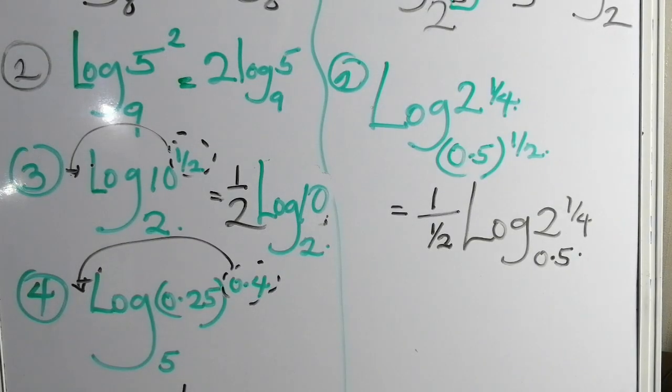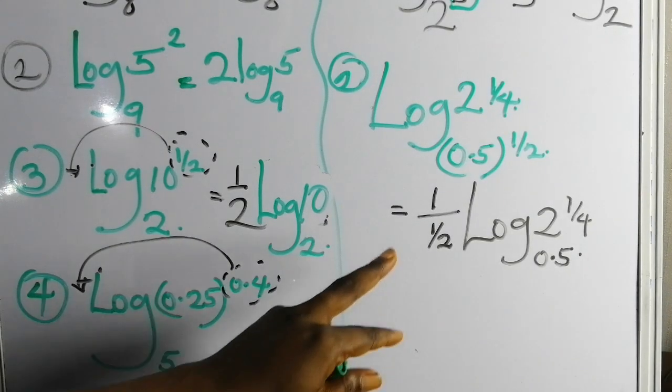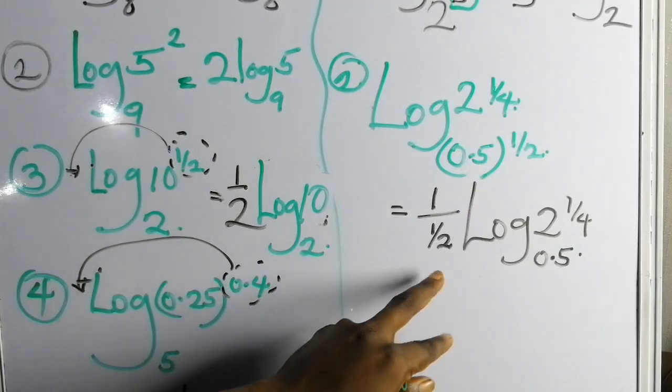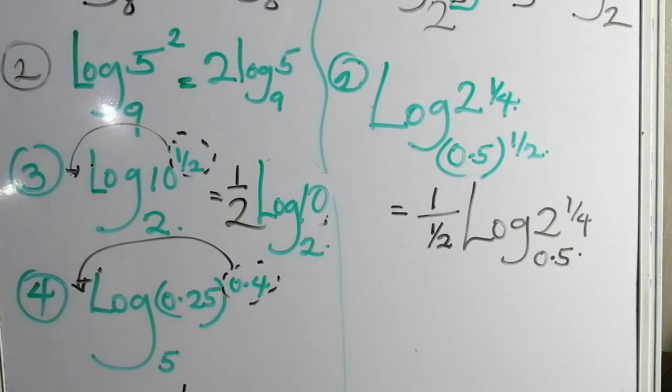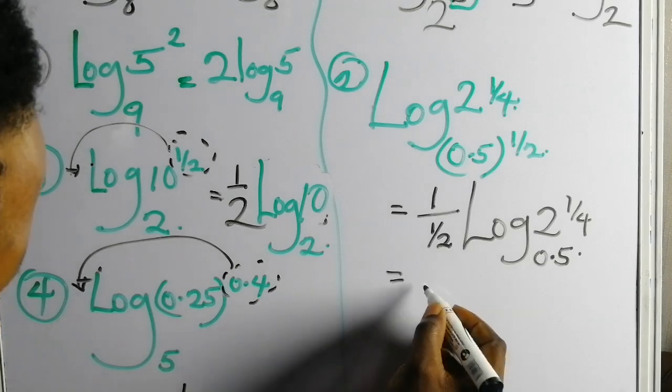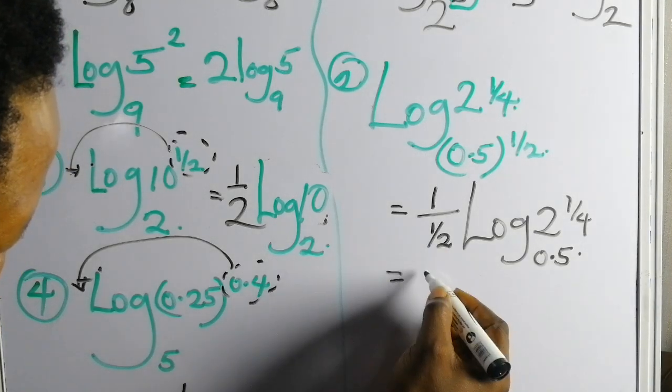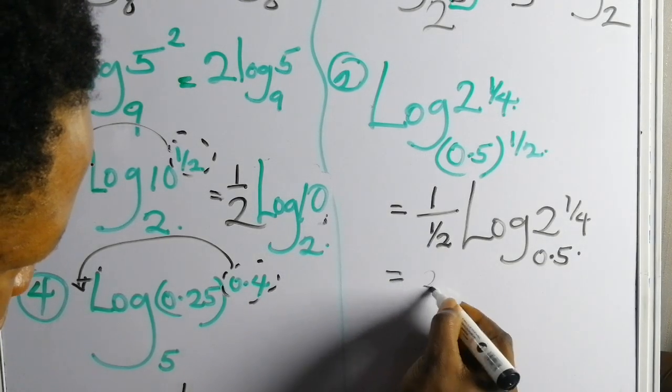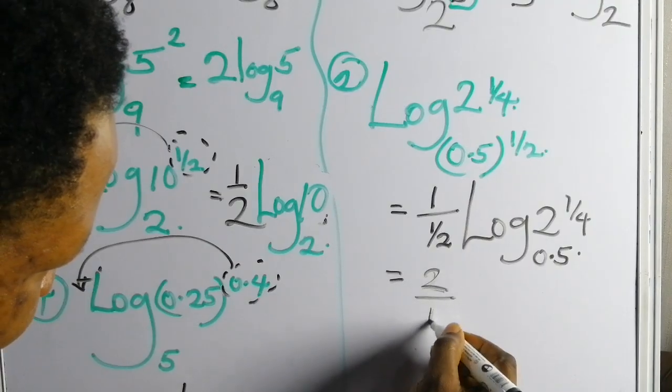It's as simple as that. It's the inverse of the power of the base. Don't forget, as I've said before, 1 divided by half is the same thing as 2 over 1.